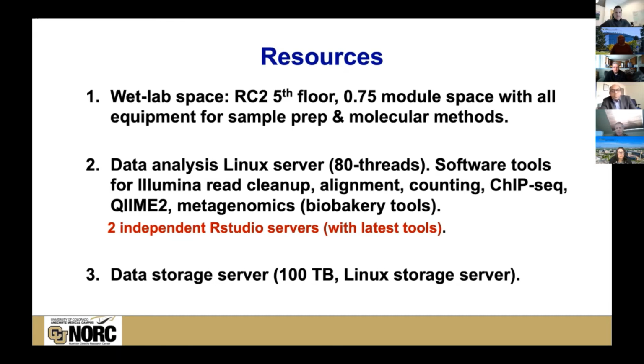And then we really take over at the step where we get raw reads from the genomics core for bulk RNA sequencing. And so for those tools, we have two major hubs. We have a Linux server, which has 80 threads and has all the up-to-date software on it for bulk RNA sequencing, ChIP-seq, and a variety of microbial ecology workflows. And then we have a separate data storage server, which can be used for archiving data.